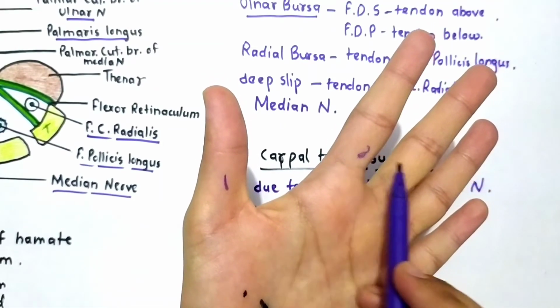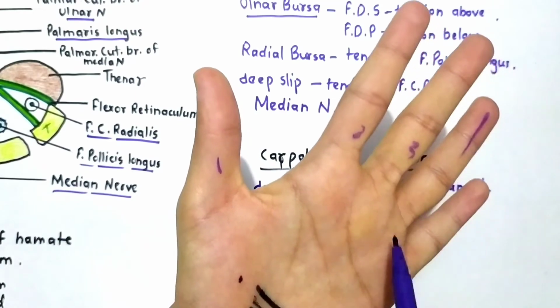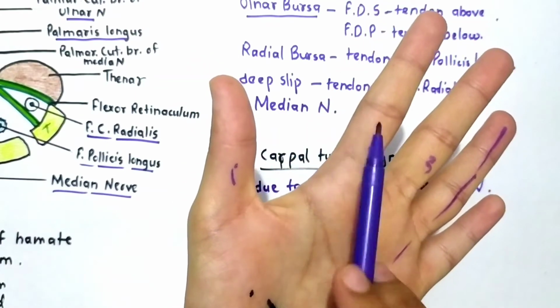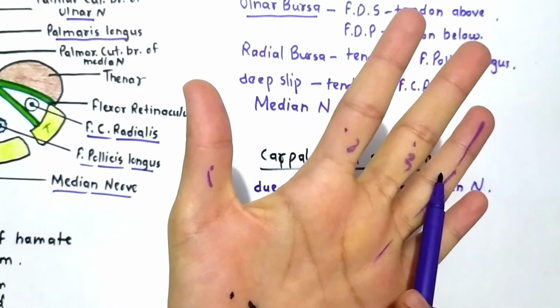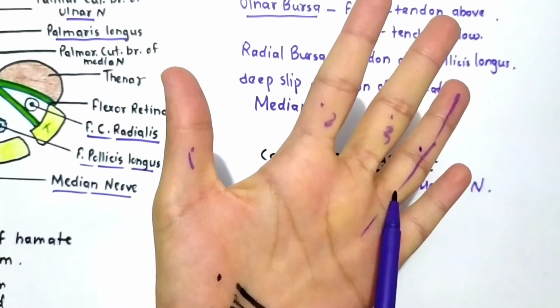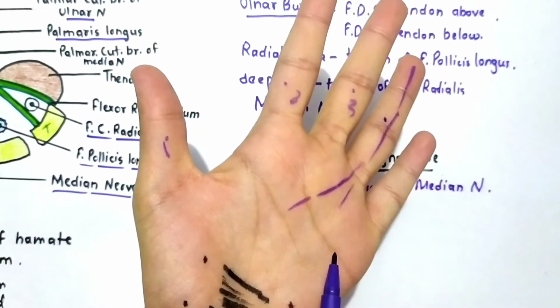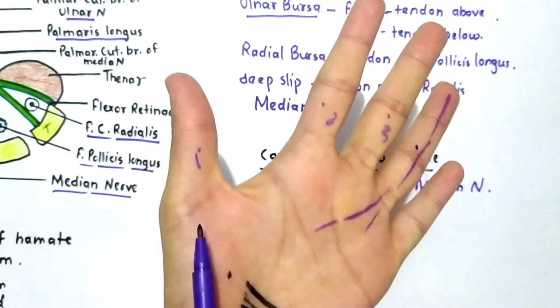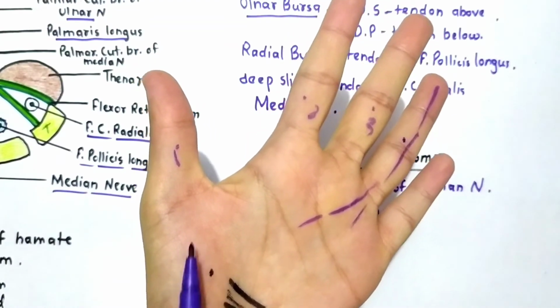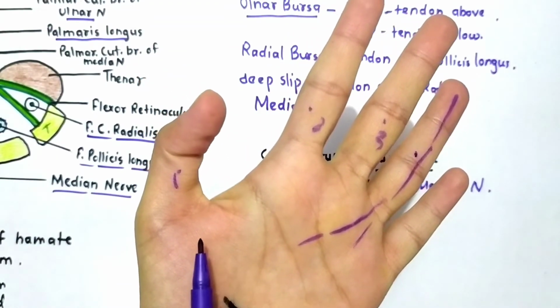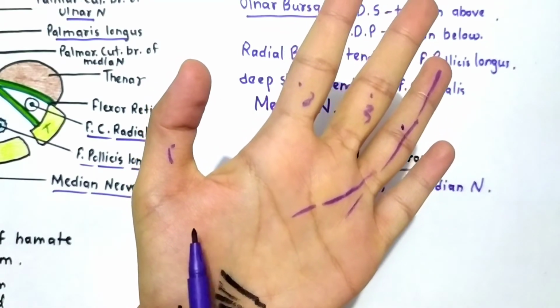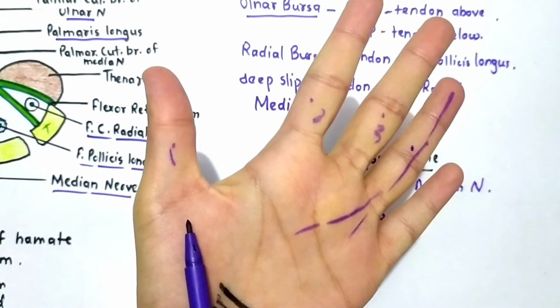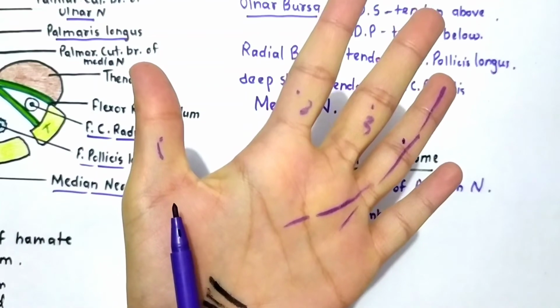So 1, 2, 3.5. There is sensory loss of these 3.5 fingers, and this region is also warmer compared to this region. Okay. So these are all the losses, and if the syndrome persists for a long time, there is also dry skin and scaly skin on this region.